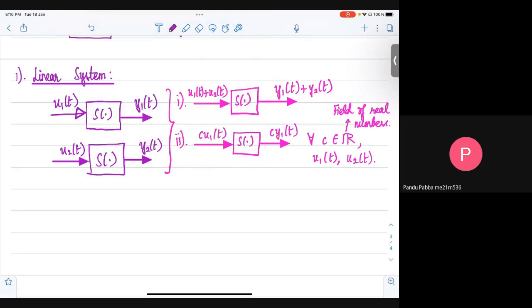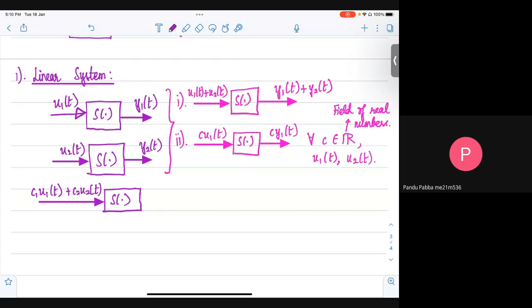Some will write both these conditions as a single condition. How will they write it as a single condition? Let me write it. They will consider what is called a linear combination of any two arbitrary inputs, U1 and U2. The linear combination is C1 U1 plus C2 U2.